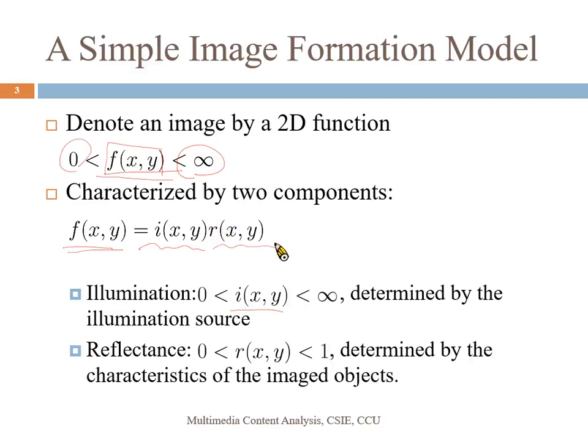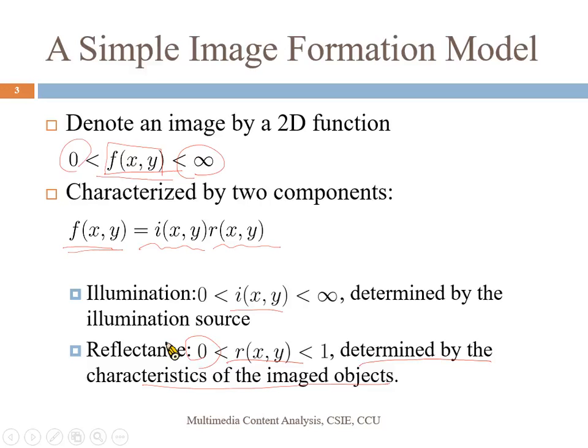The second component is called the reflection factor, r(x,y), and this means the proportion of the light reflected by the surface of the imaged object. This factor is determined by the characteristics of the imaged object, and the value is from 0 to 1. When r(x,y) is 0, all lighting energy is absorbed by the object, so no light will be reflected.